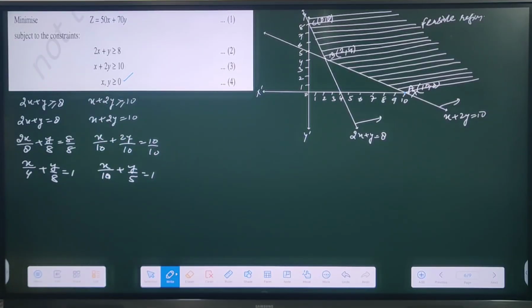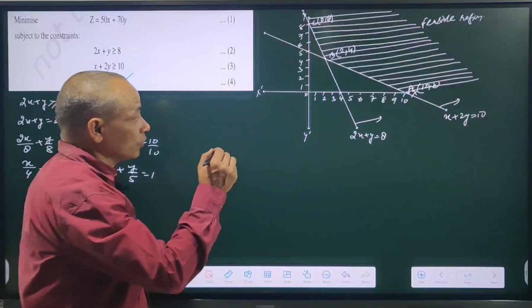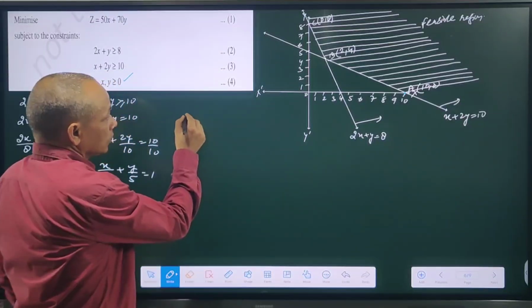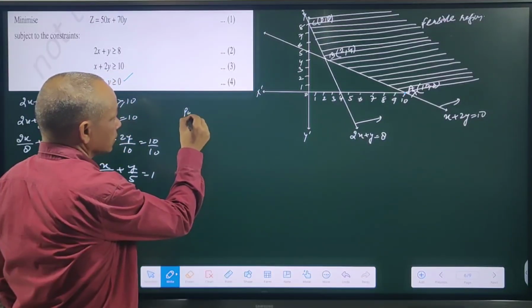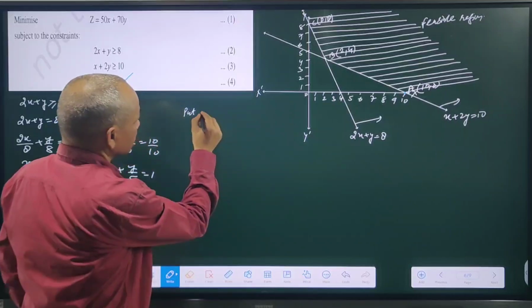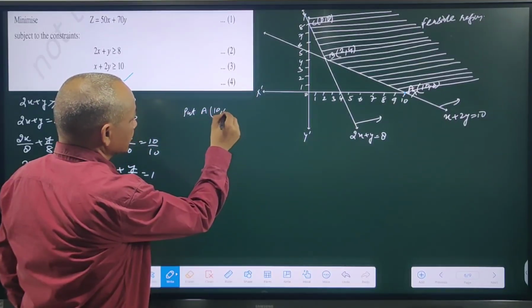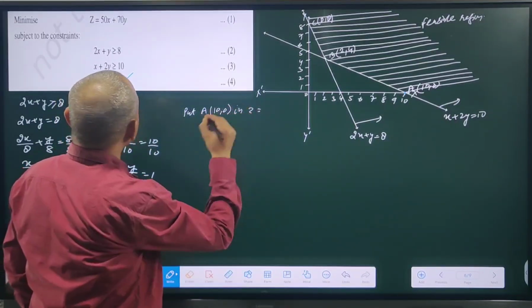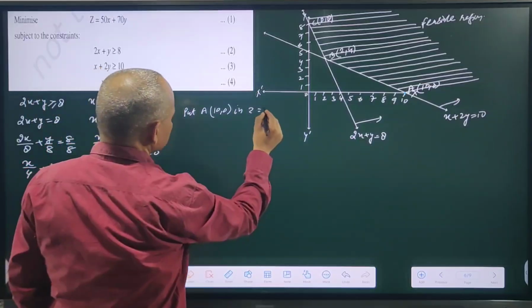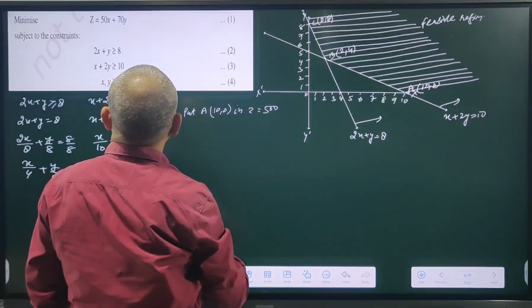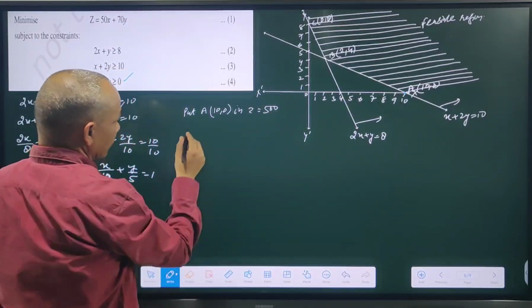Now next you will put A, that is 10, 0, in Z. Z is 50x plus 70y, that is 500.